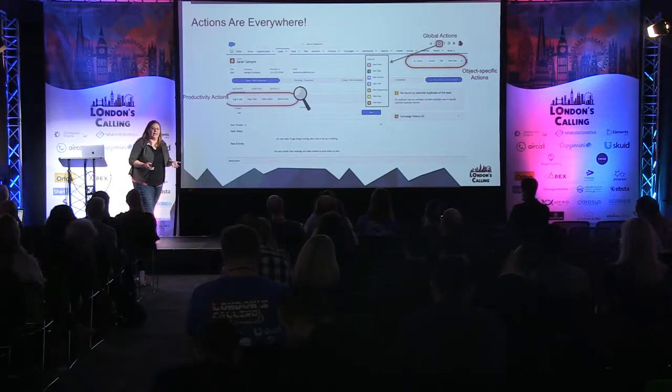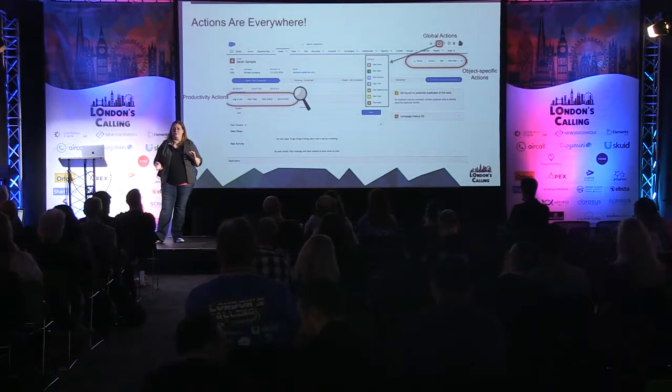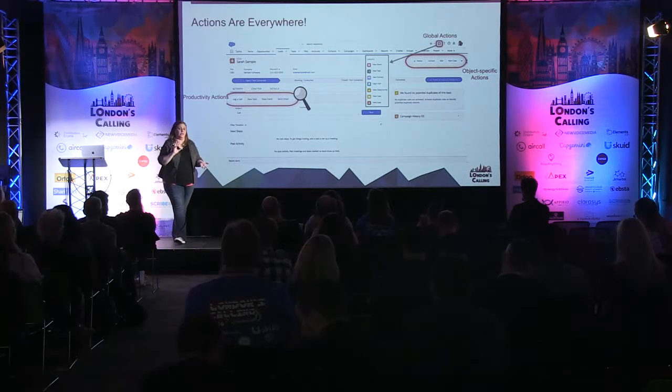Actions are something that I hadn't really dug into as much, and I'm trying to be better about in terms of leveraging global actions as well as object-specific chatter actions. So you can see they kind of end up in a few different places. So this is one of the biggest, I think, kind of who moved my cheese concepts. You've got your global actions, which are always gonna live up top.